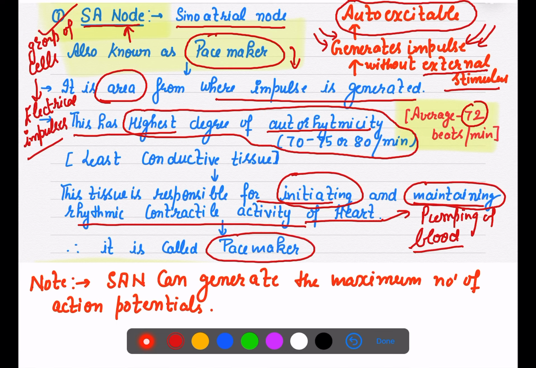तो आपकी हार्ट बीट को जो कंट्रोल करता है, जो आपकी पूरी एक्टिविटी ऑफ हार्ट को कंट्रोल कर रहा है, that is the SA node. And one more speciality it has: it can generate the maximum number of impulses, the maximum number of action potentials, by its own.